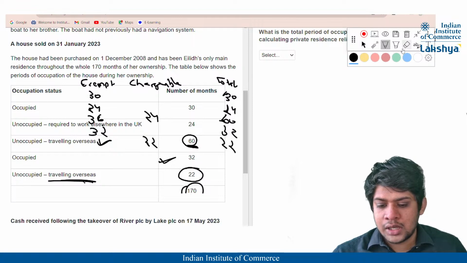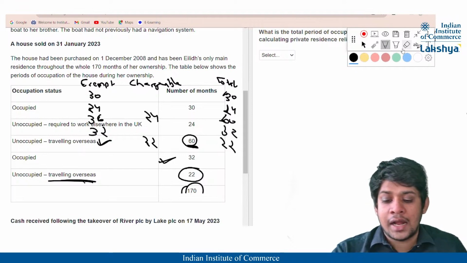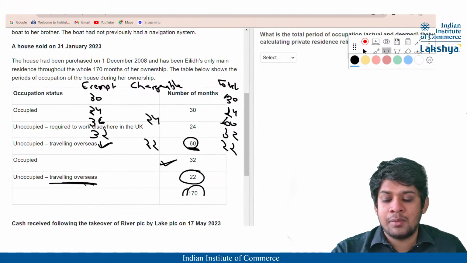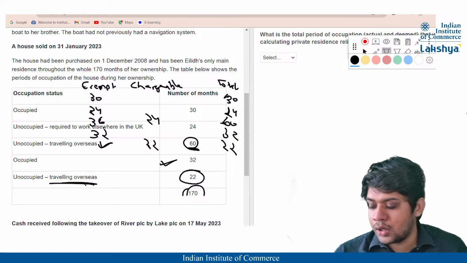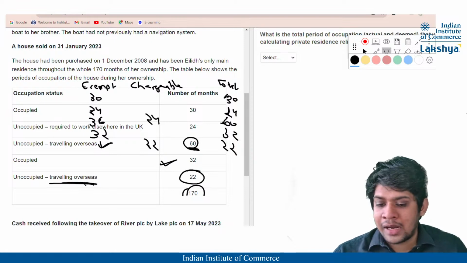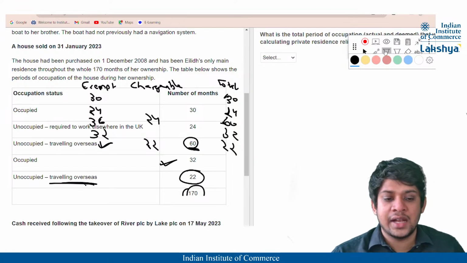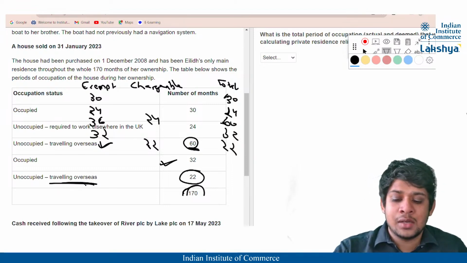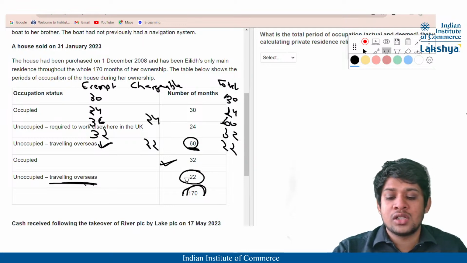Have we taken all the amounts correctly? Yes, it is from 1st December onwards. 30 plus 24 plus 60 plus 32 plus 22 is summing up to 168, guys. So technically there must be some issue here, but it should sum up to 170 in total.